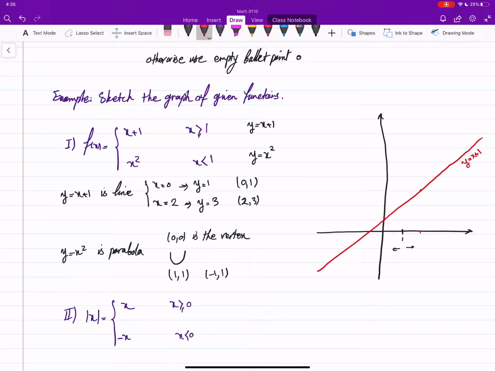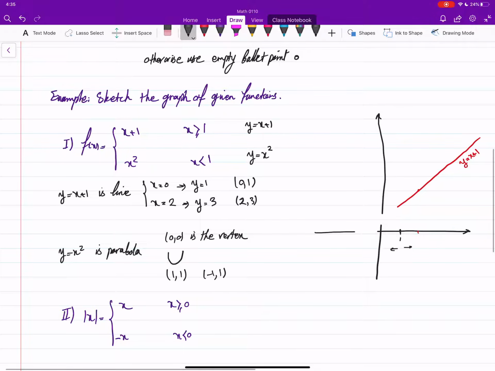And this is only defined on x's bigger than 1. So for all x's less than 1, I just erase that. Okay, I will repair that piece. So that will go up to that point.